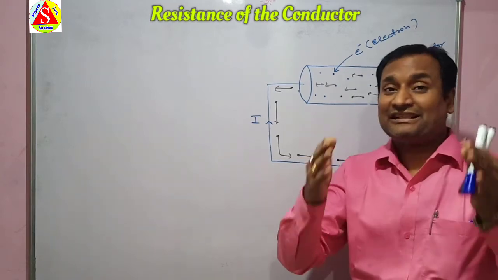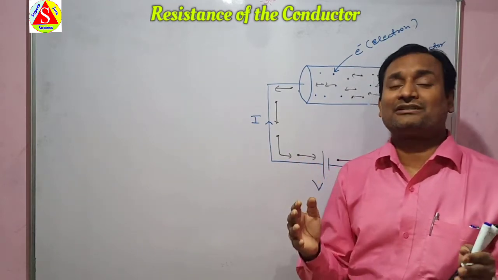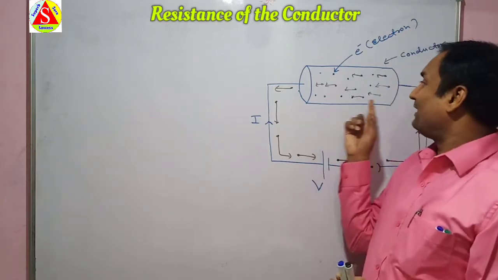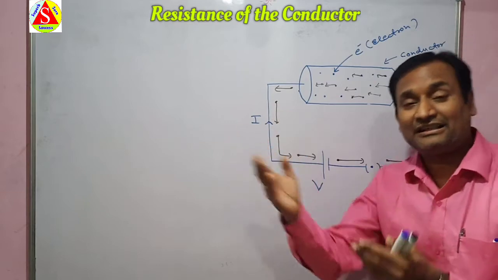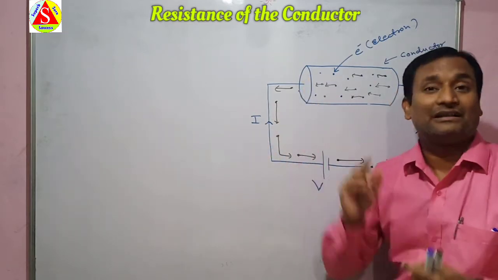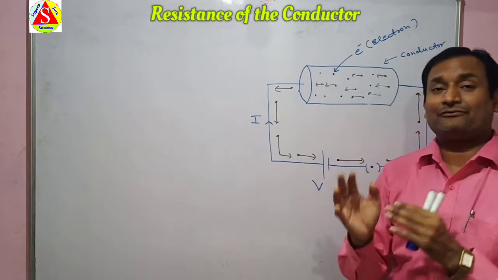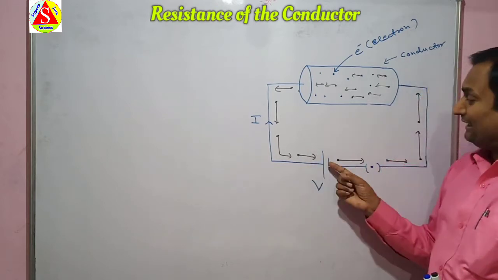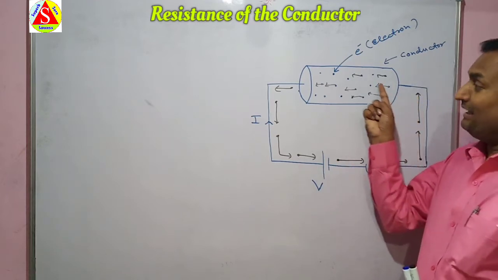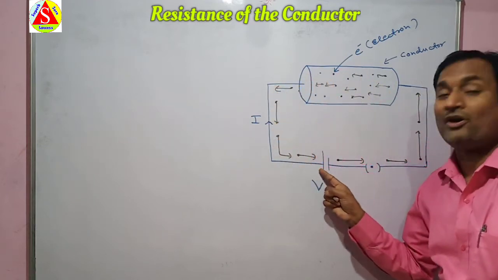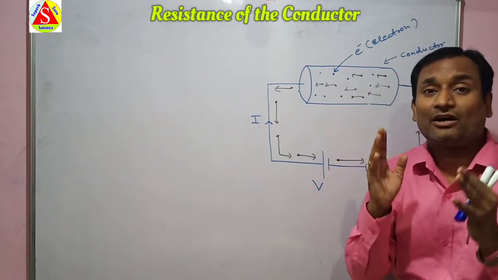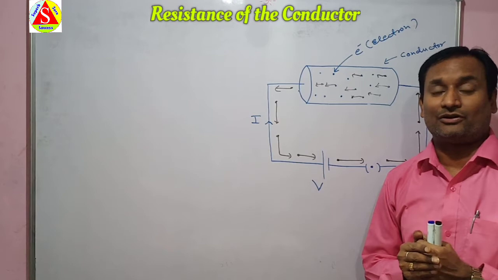During this journey of electrons, there are collisions among the electrons. One electron collides with another electron, and that electron again collides with some other electron. In this way, when the electrons travel from the negative terminal of the battery towards the positive terminal, there are so many collisions among the electrons.